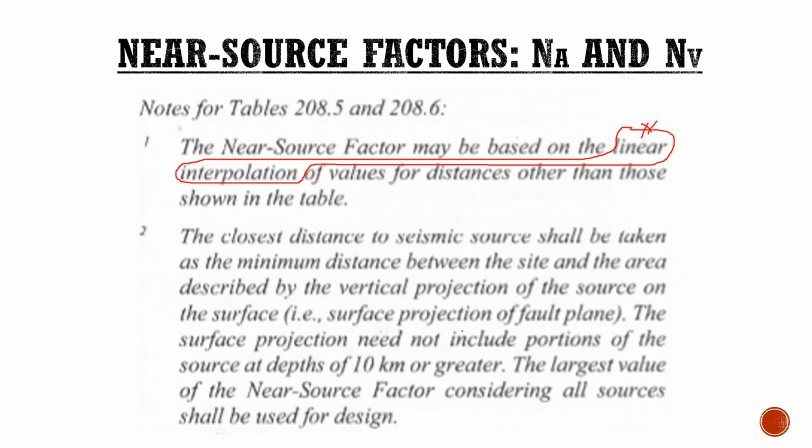The surface projection need not include portions of the surface at depths of 10 km or greater. The largest value of the near source factor, considering all sources, should be used for design.